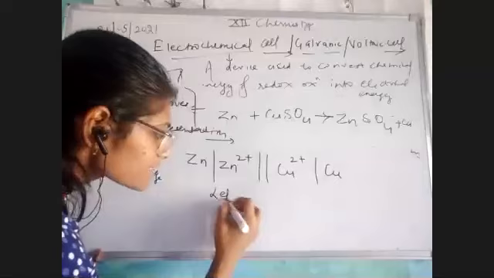Also, electrons are moving like this, but my current is moving in this way. That is my actual representation of the electrochemical cell.